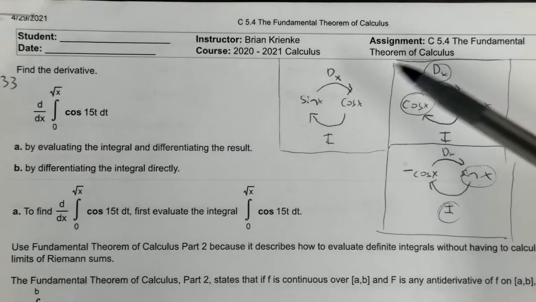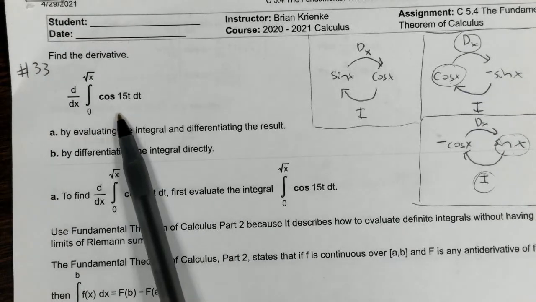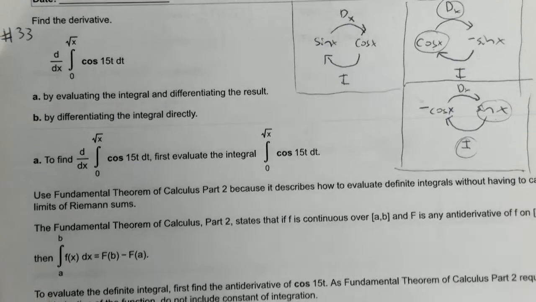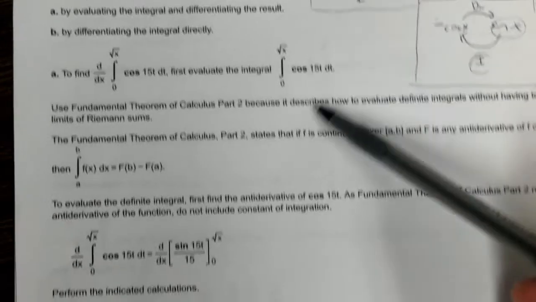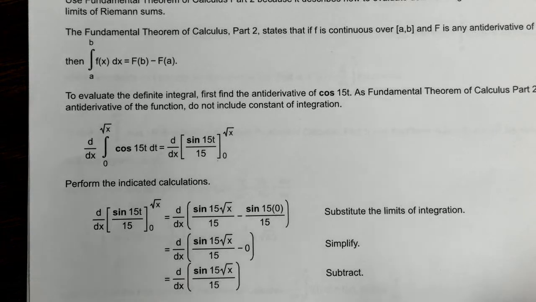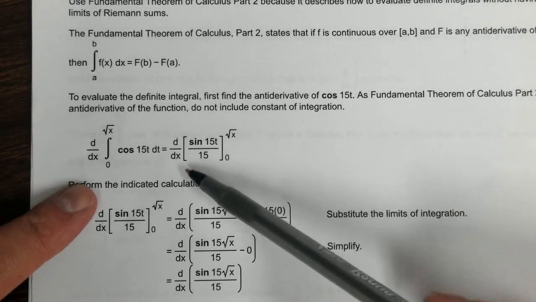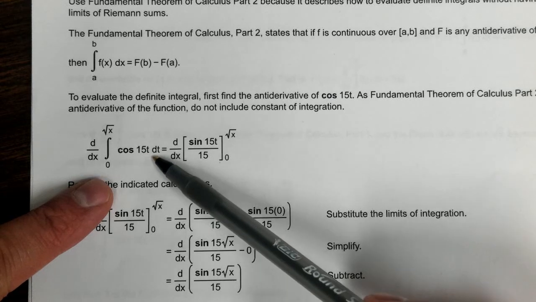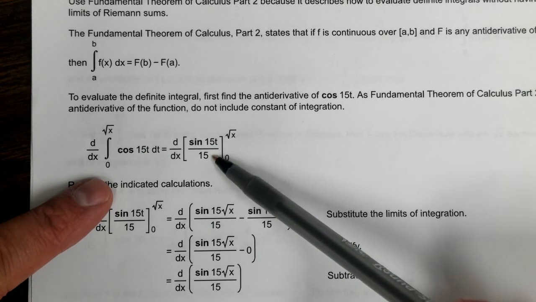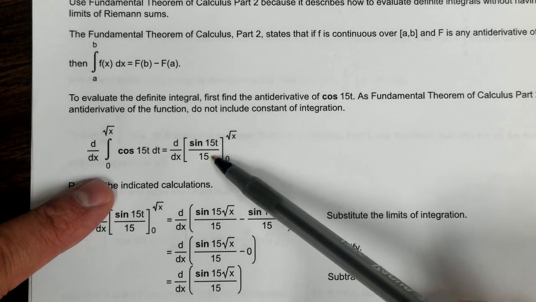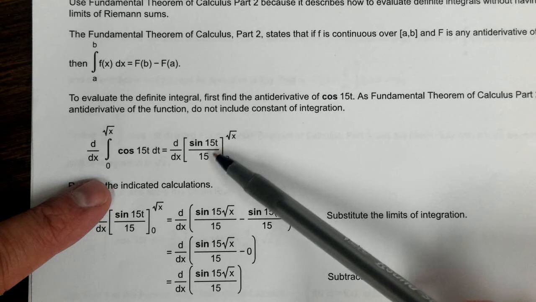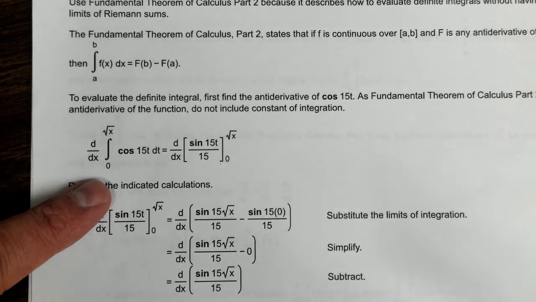So on this one, which was 33, we're doing cosine 15t. And it goes through all the steps. But basically, the most important thing is you're doing your integral first. So if you're doing an integral of cosine, it's going to be sine, and it's positive, and you're going to need your 15t on top and your 15 here.